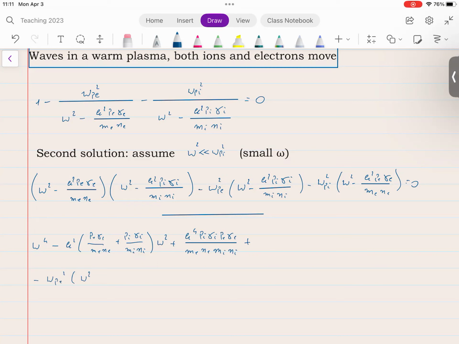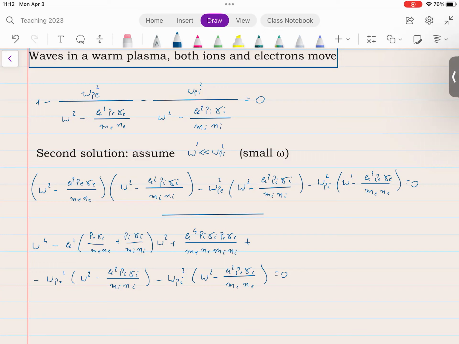Omega pe squared times omega square minus k square p ion gamma ion divided by m ion n ion, minus omega p ion squared times omega square minus k square p electron gamma electron divided by m e n e, and all of this is equal to 0.